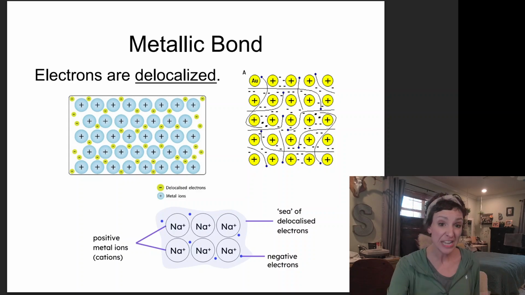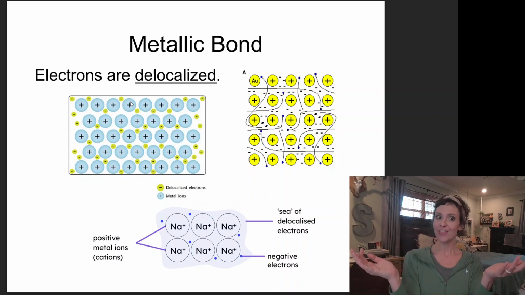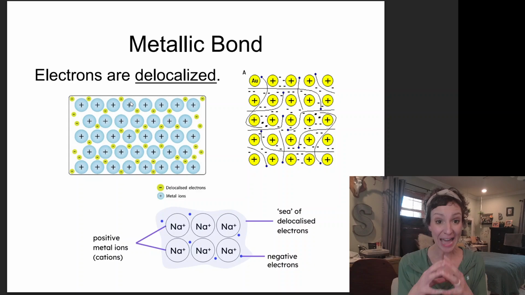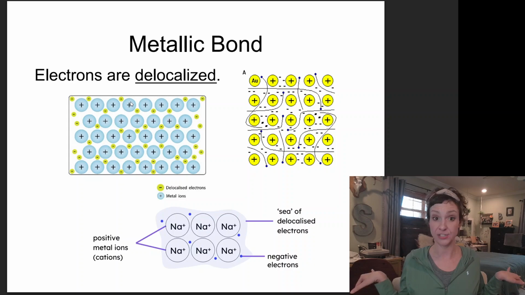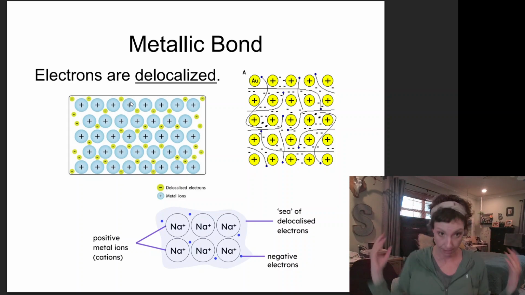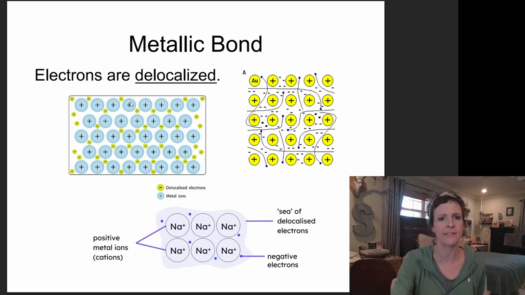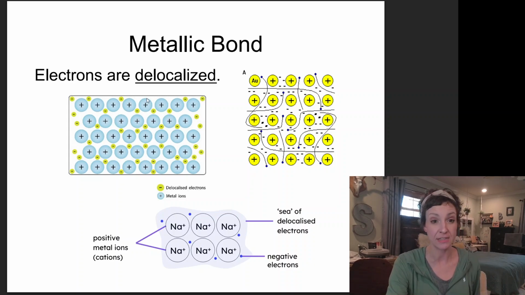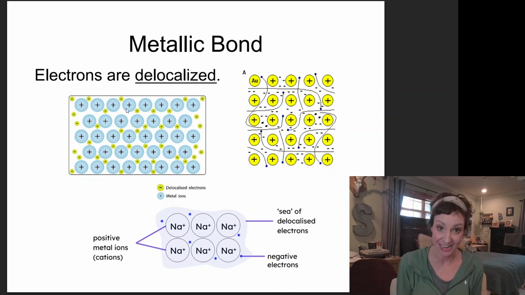But when I say delocalized, I have all of my metal atoms, and they all look positive now. Well, that's because all of these metal atoms in a metallic bond lose all of their valence electrons to this area around them. And if they're losing their valence electrons, we know losing electrons makes you positive. So the metals turn into cations when they make a metallic bond.